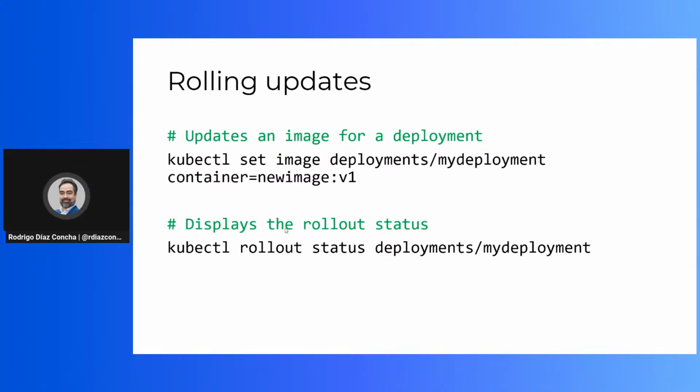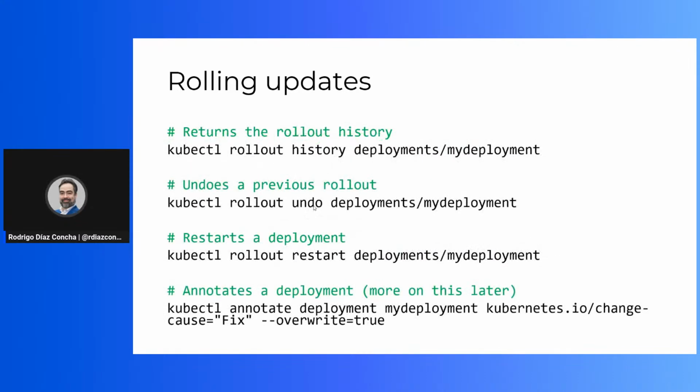But you can also roll back the deployment by executing kubectl rollout undo, actually, that's the command that I was trying to explain. So kubectl rollout undo undoes a previous rollout.